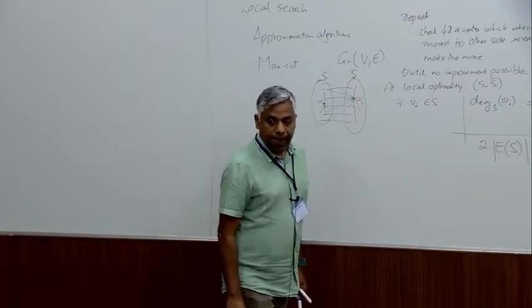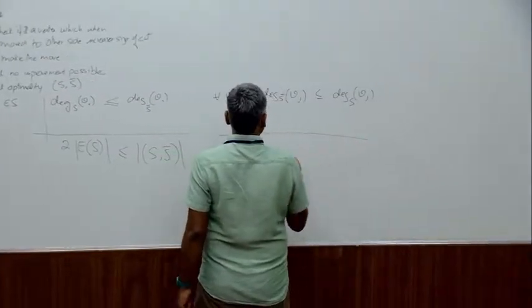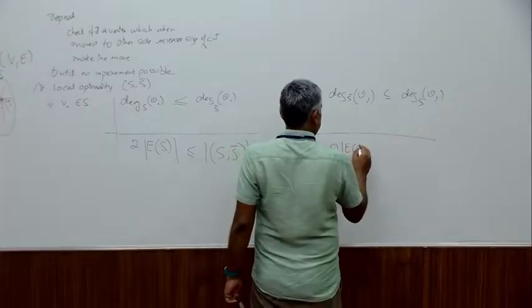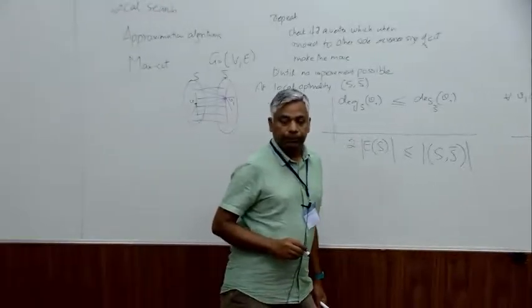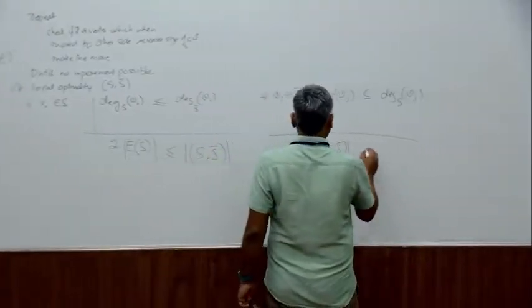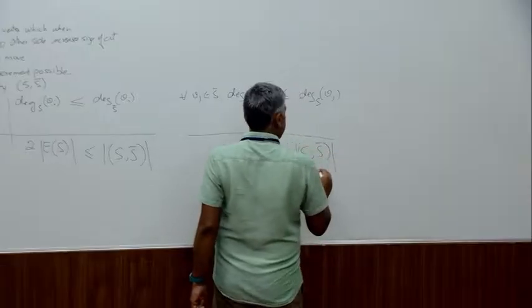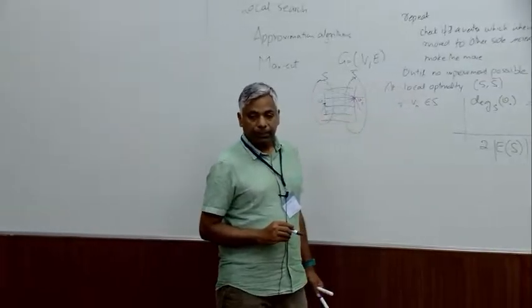Yeah? What about this? When I sum this up, what do I get on the left? 2 times the number of edges in S complement now. This is less than the size of the cut S, S complement. Yeah?